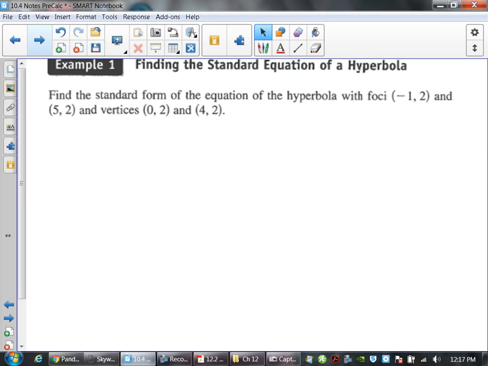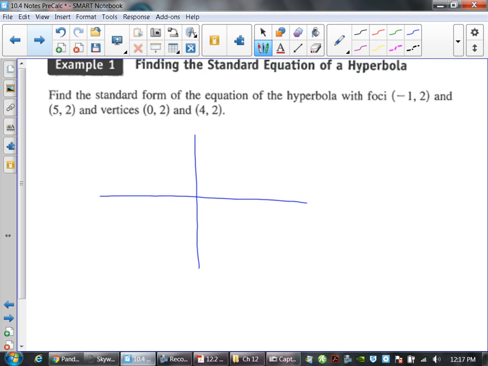So we have foci at (-1, 2) and (5, 2). There's my foci. Vertices at (0, 2) and (4, 2).